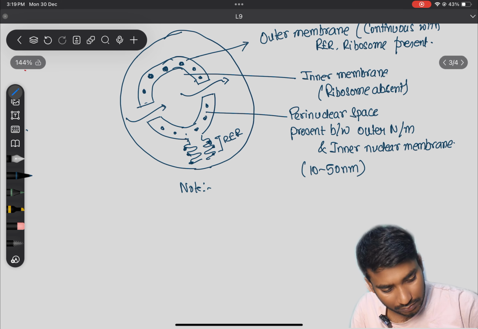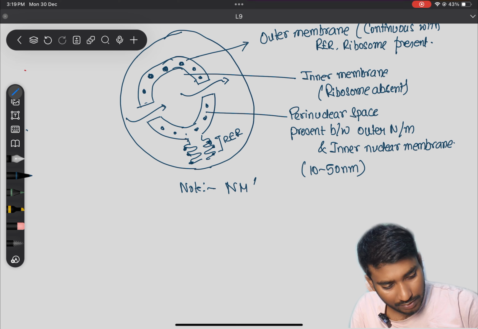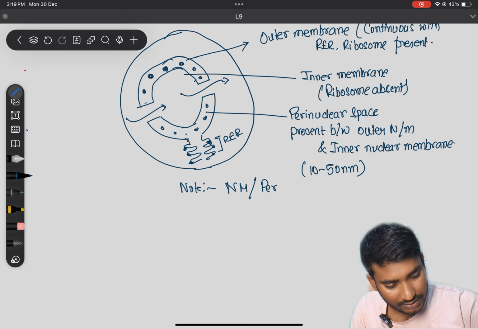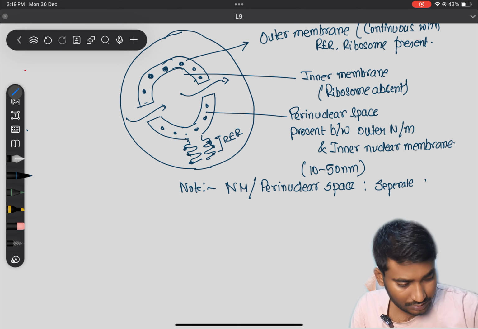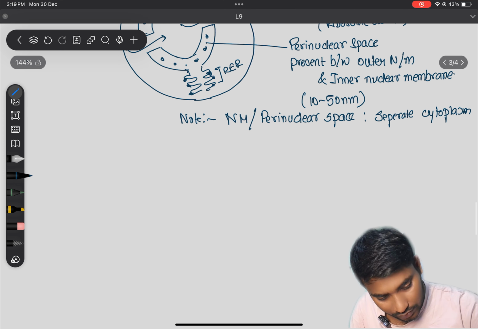Note, the nuclear membrane along with the perinuclear space separates cytoplasm and nucleoplasm.